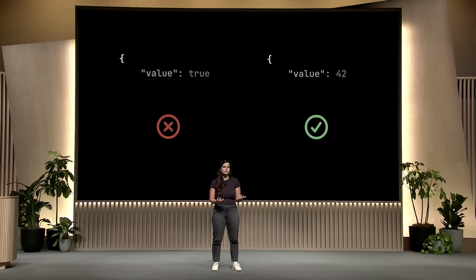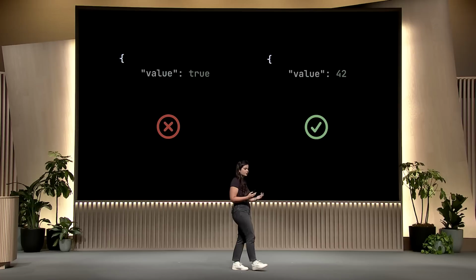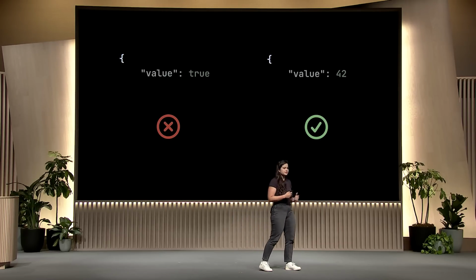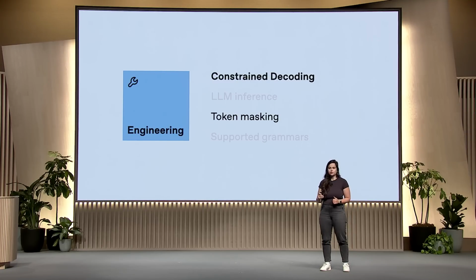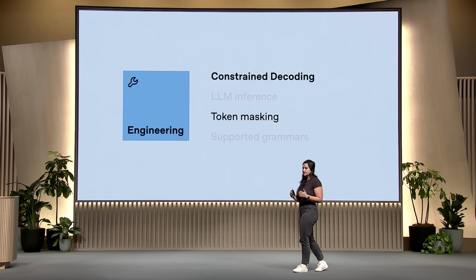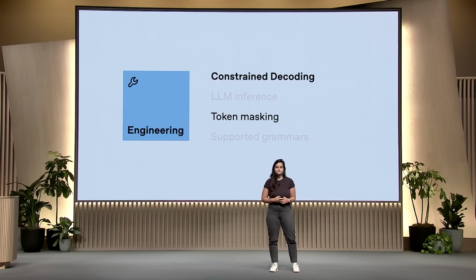But if we did produce a Boolean, that would not match the schema. And a number like 42 would be valid. So this tells us that we actually need to limit which tokens can be produced next. We can't just have the entire vocab of the model. To do this, we will use a technique known as token masking. And this constrains the tokens which can be picked at the very end of sampling.